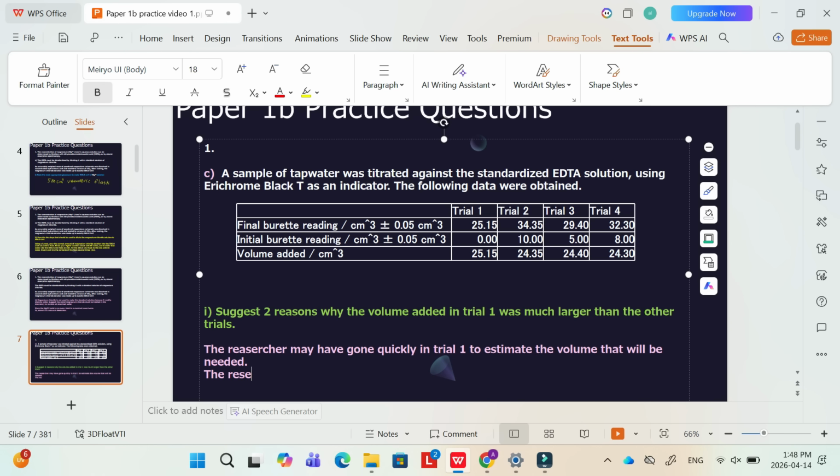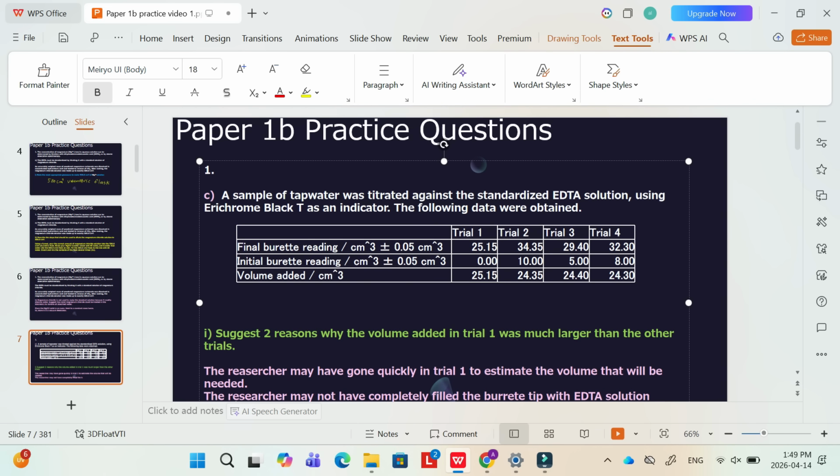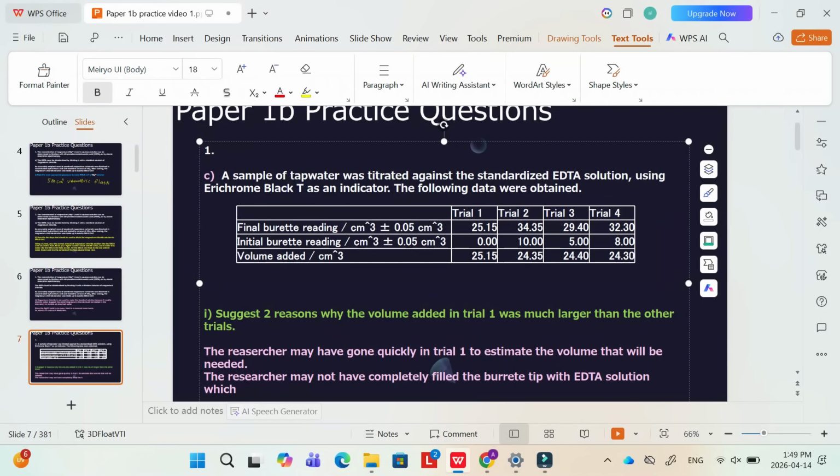So the researcher may not have completely filled the burette's tip, especially with EDTA solution, which led to an overestimation of the volume.